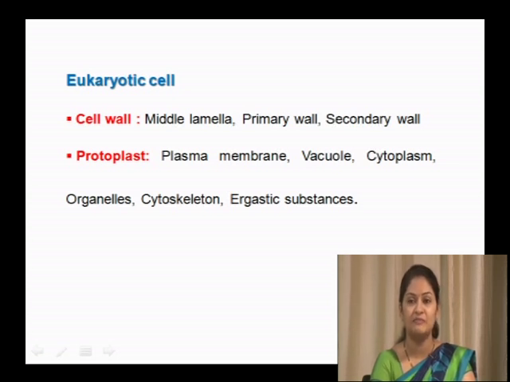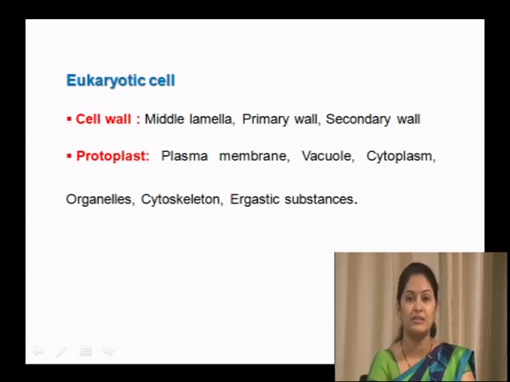Cytoplasm further holds the organelles, cytoskeleton, and ergastic substances. Organelles will be discussed in detail, but cytoskeleton is the structural framework made up of proteins or microfilaments which provides stability to the cell, and it helps in cytoplasmic streaming or sometimes even in cell division.